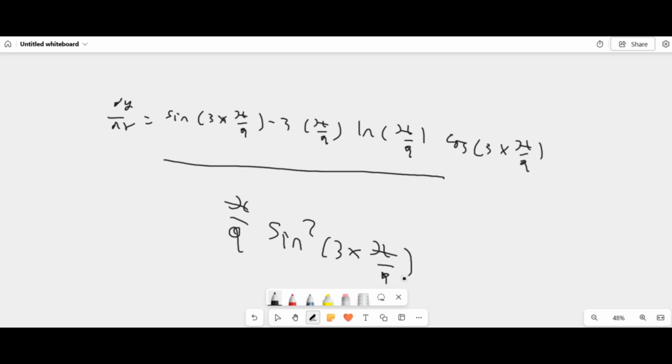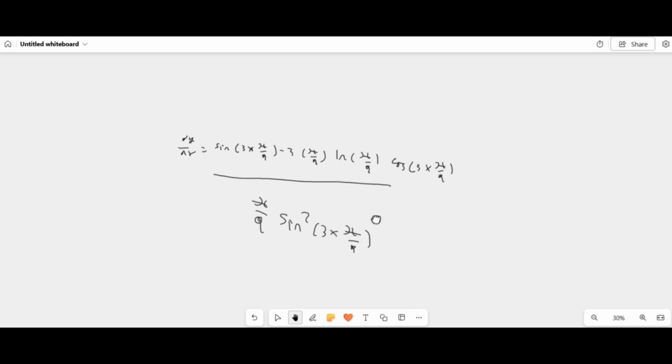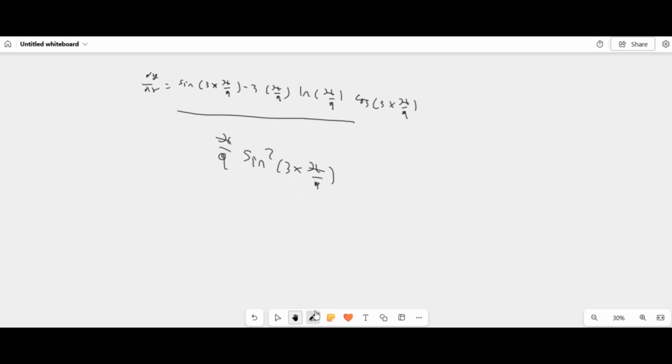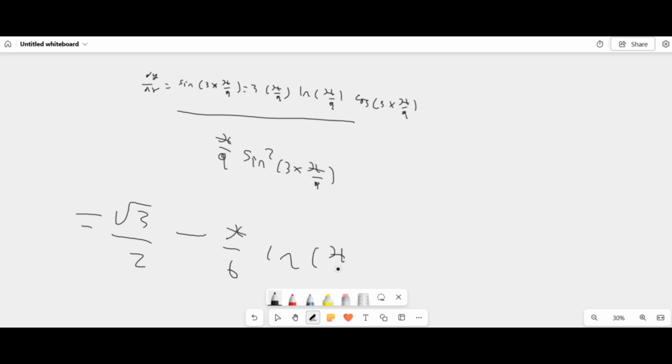Okay, calm. So let's simplify this. Sine 3 times pi over 9 is just going to become root 3 over 2. And then minus, it stays the same. And this whole thing simplified, 3 times pi over 9 times cos 3 times pi over 9, we'll get minus pi over 6 for all of that, and then just ln pi over 9.